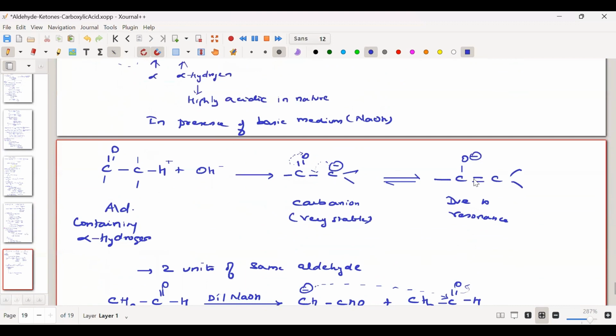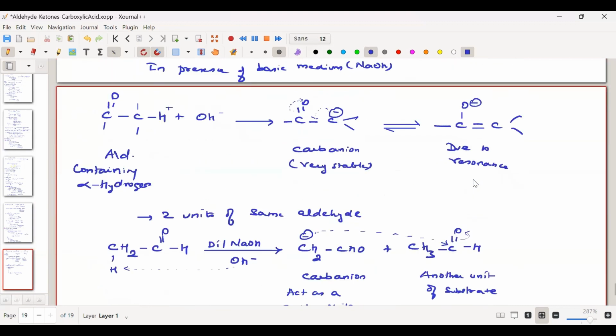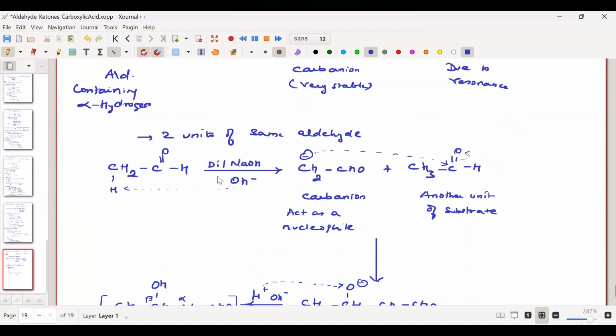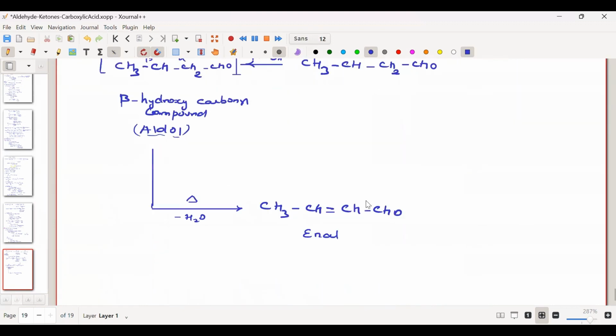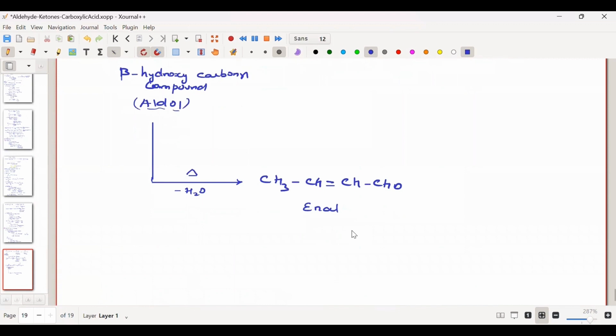If I give you CH3CHO, your aldehyde, and ask you to do all these steps quickly, how will you do it? I'm going to give you a shortcut. I have CH3CHO, react this with dilute NaOH.